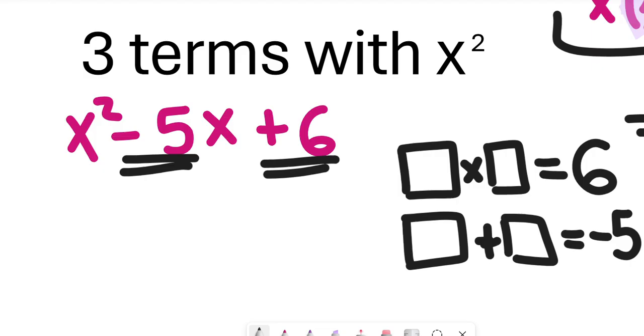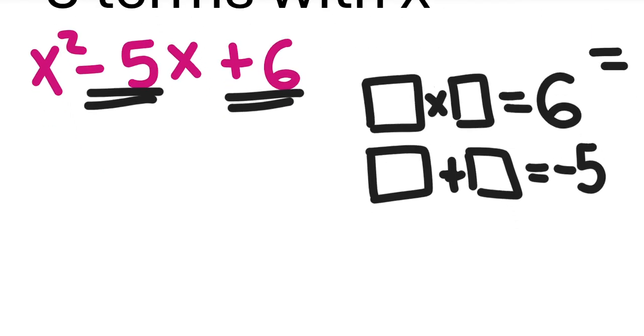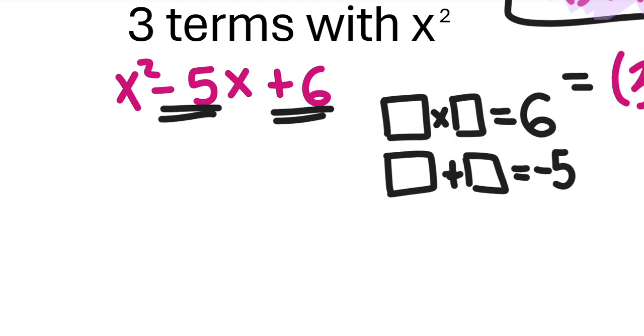Now what's the combination of numbers here? We can say that 1 multiplied by 6 is 6, but that doesn't help, right? But if we have 2 and 3, can we get negative 5?